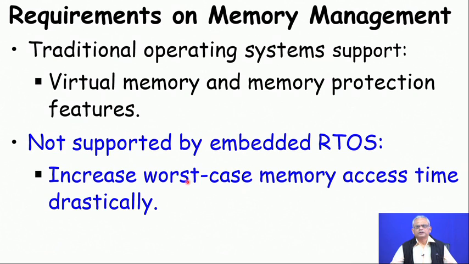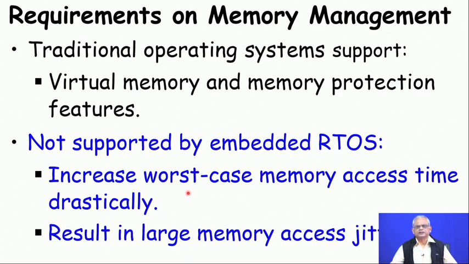But unless we do something, let us say, for non embedded applications, or in embedded applications where you can afford to have a large sophisticated operating system, we need to do something so that the worst case memory access time is not increased drastically.